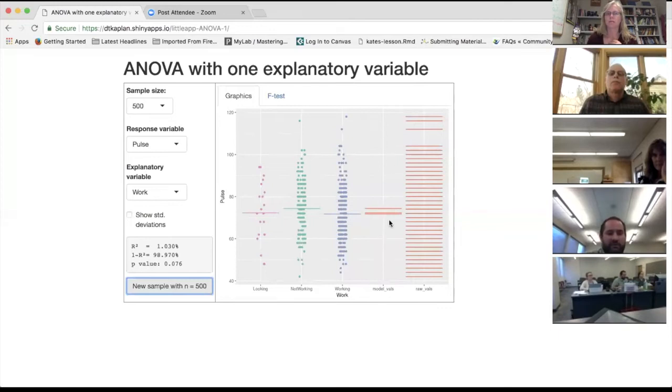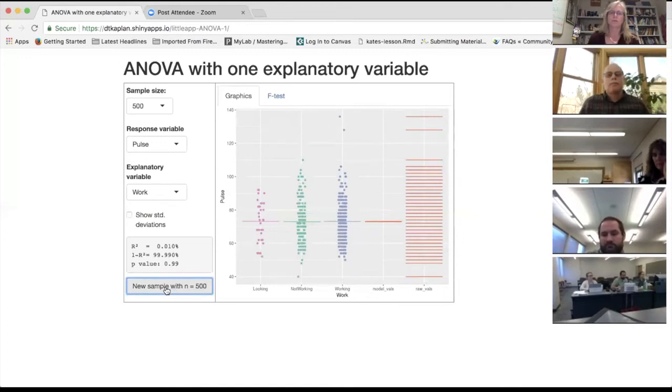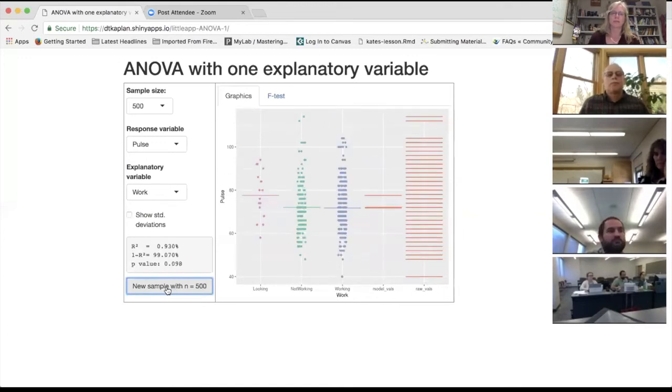Whereas this column is looking at the spread if the model actually does explain what's happening. So if this variable really does explain the differences between these, what does that look like? And you can see that this spread is pretty constant. That spread seems to move around just a little bit more. And of course, we measure spread by standard deviation.